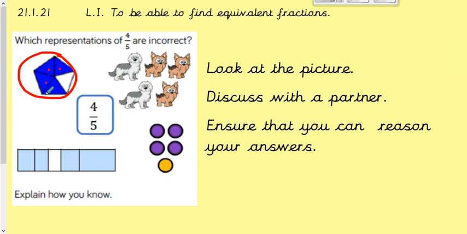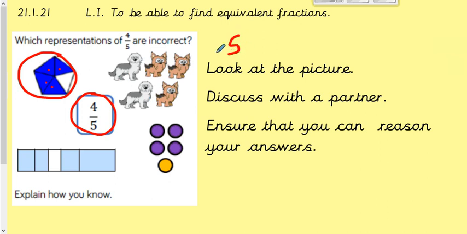Okay, this one here obviously is correct because that is 4/5. That's how you write a fraction, and that is correct. Okay, so we know that that one's good. The dogs. Now, this one would be incorrect because actually we have 5 dogs here.